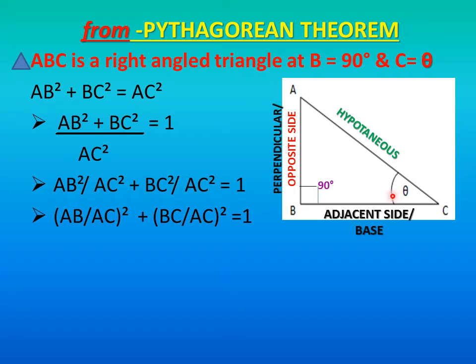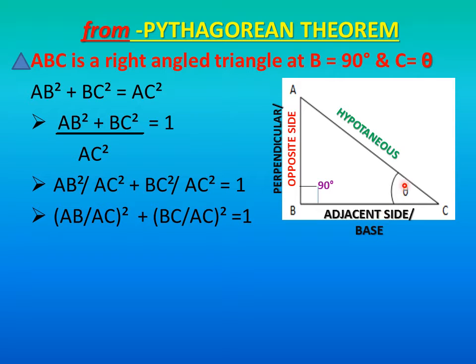We are denoting this angle as theta. Now from the Pythagoras theorem, the sum of the squares of the two sides is equal to the square of the hypotenuse of a right angle triangle. So if we leave out the hypotenuse, the other two sides will be these two.